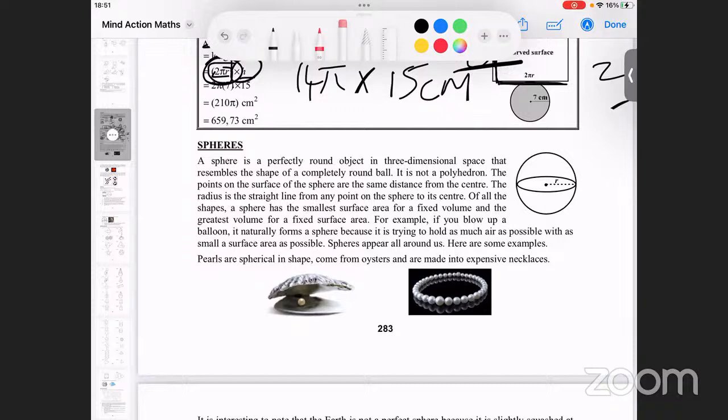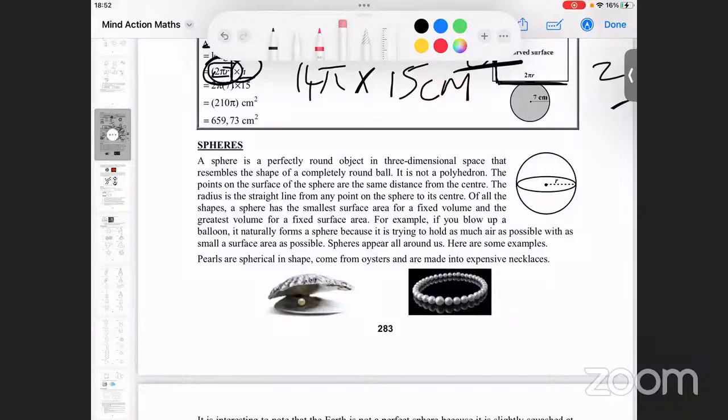Now let's look at spheres. Do you guys know what a sphere is? I do, ma'am. What is a sphere? It's a 3D shape that is completely round.